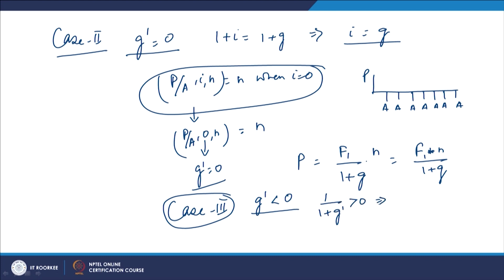So in fact 1 plus g by 1 plus i will be more than 0, and in that case you will have g more than i. We can discuss these situations, solve problems based on that, and calculate these values to find whatever we require.